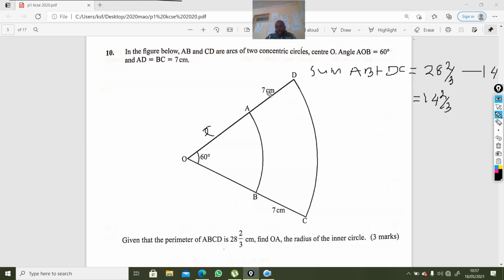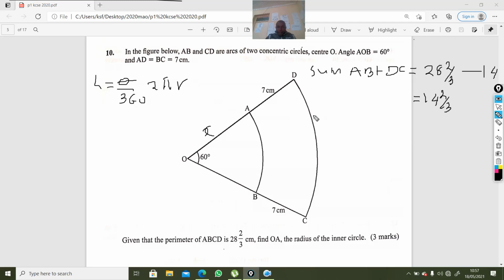If that is the sum of the lengths of these two arcs, we know the length of an arc equals theta over 360 times 2 pi r.